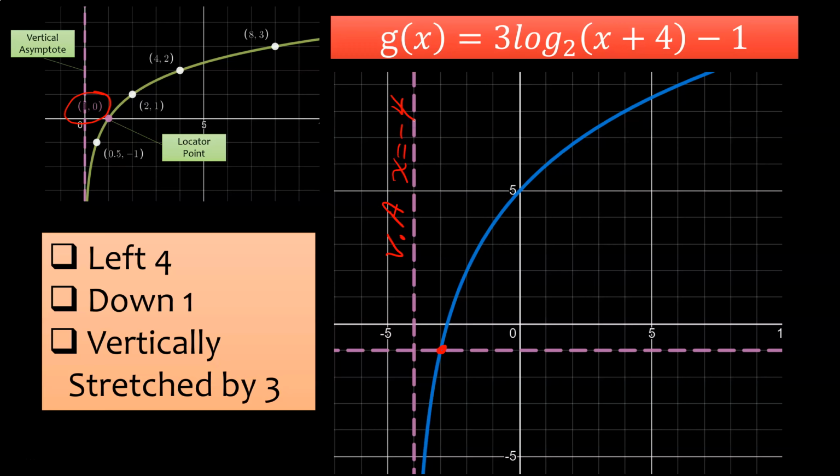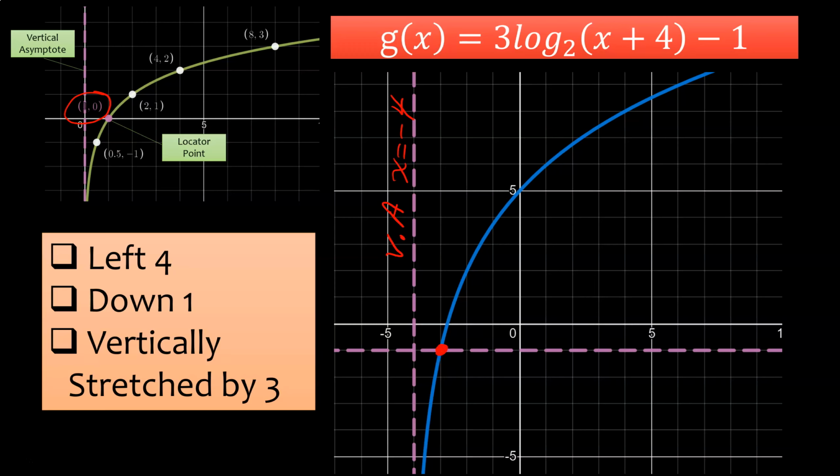We move it left 4. And my new reference x-axis is down 1. So the point 1, 0 is really 1, 0 at my new x and y axis, right? But that's the point when it got moved.